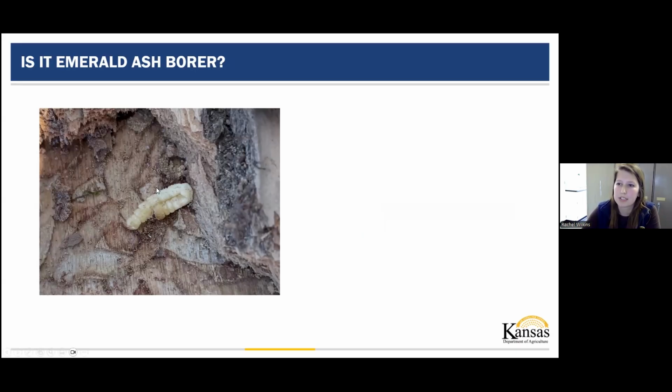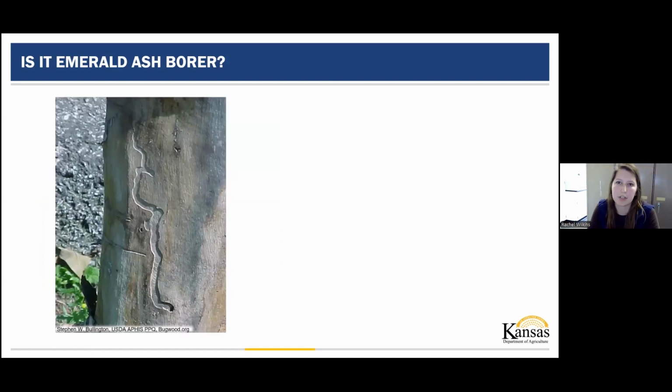Well, if you look closely, you can see some of the body segments have a flared edge to them, sort of bell-shaped. So yes, this actually is an emerald ash borer larva. Also, the larva is folded into a J shape, so this one was found overwintering. Even when you pull it from the tree, it will typically retain that J-shaped form.